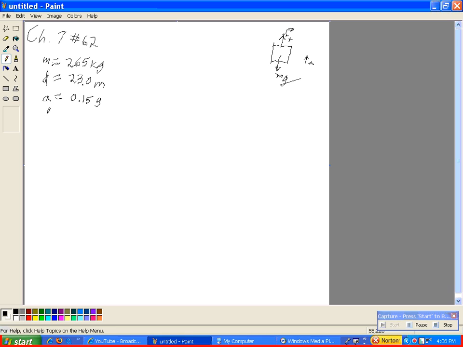And gravity we know is 9.80 meters per second squared.